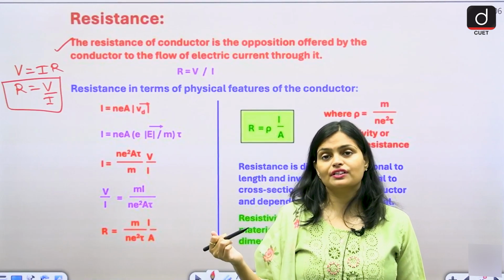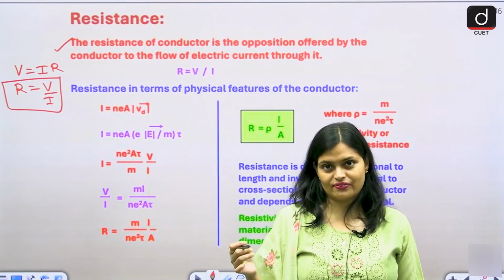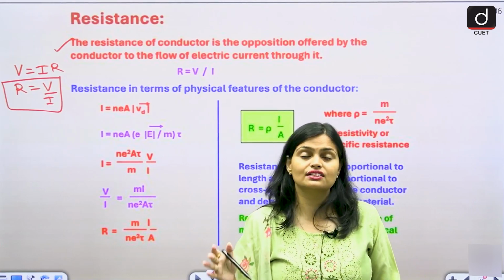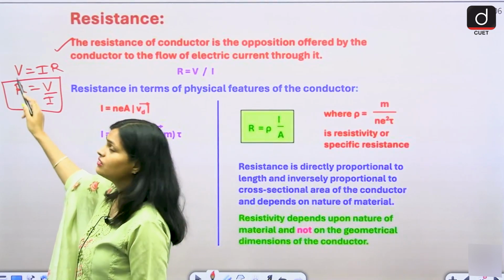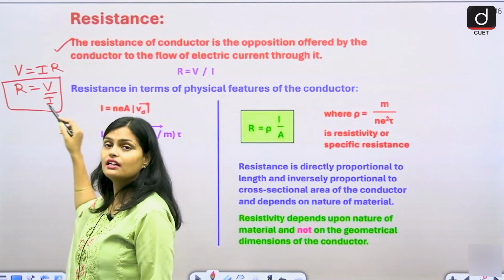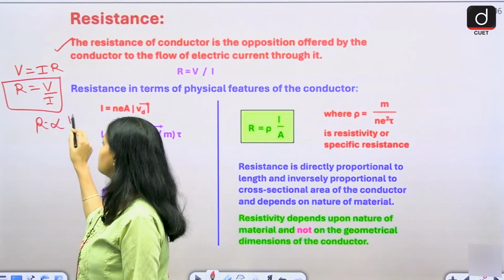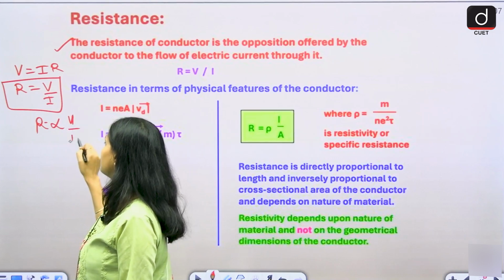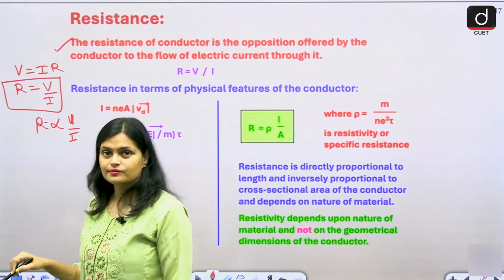In case of an insulator, the resistance is very high so that no current is flowing. So resistance अगर ज़्यादा होगा, with this relation what do you get to know? If you have more resistance, less current flows. So here we have an inversely proportional relationship between the resistance and the current. Okay.